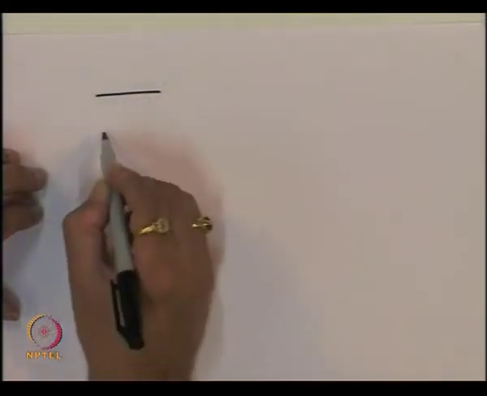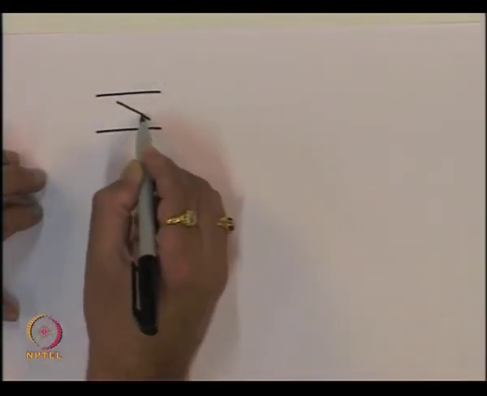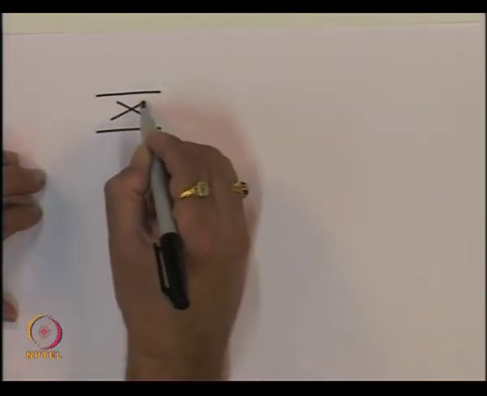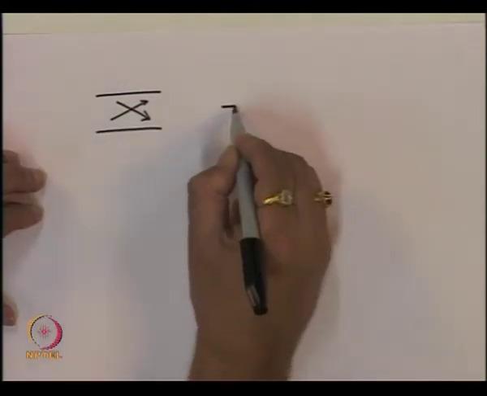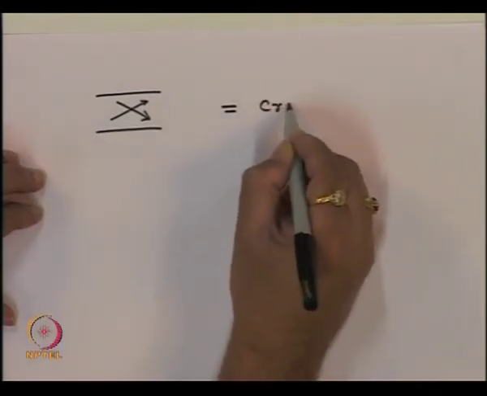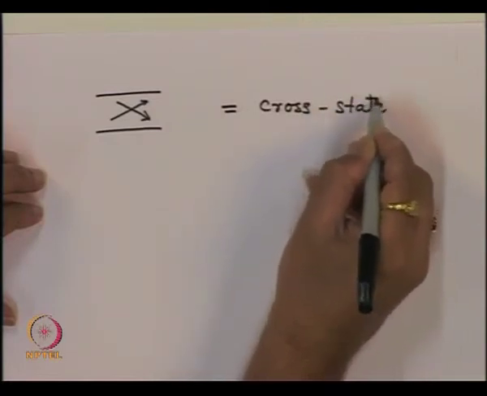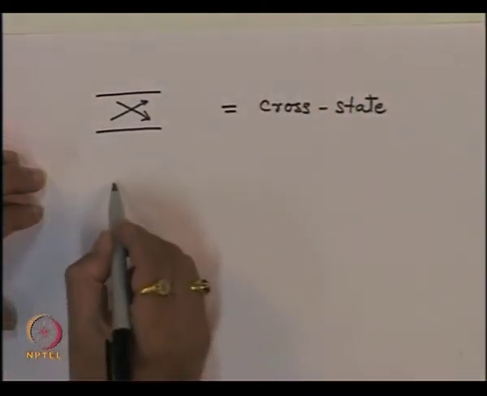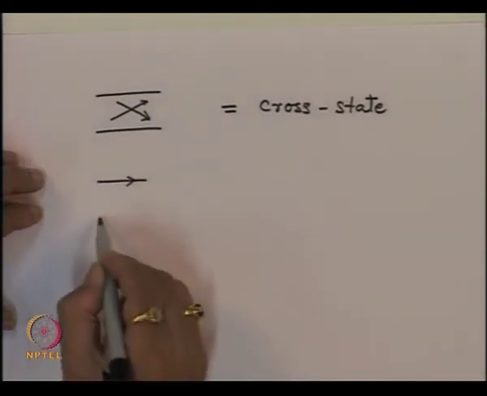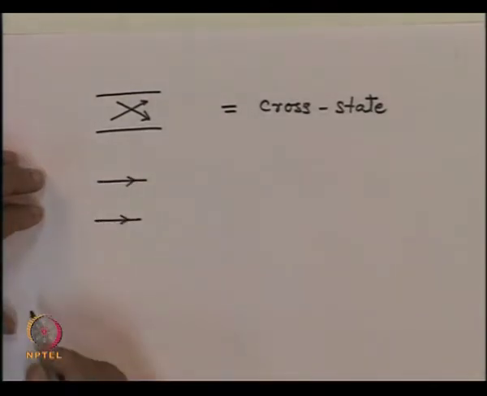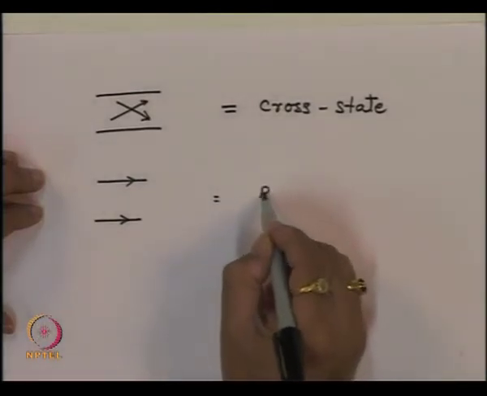So, we have a situation like this where this gets connected to this and this gets connected to this. This we call the cross state. Another situation is this is connected to this and this is connected to this. This we call the bar state.